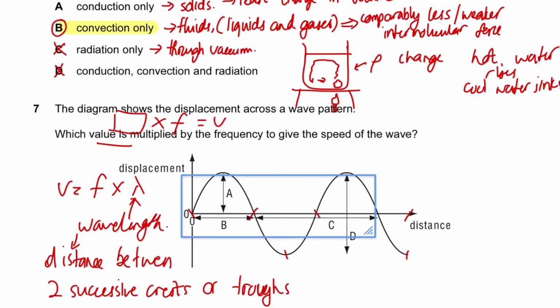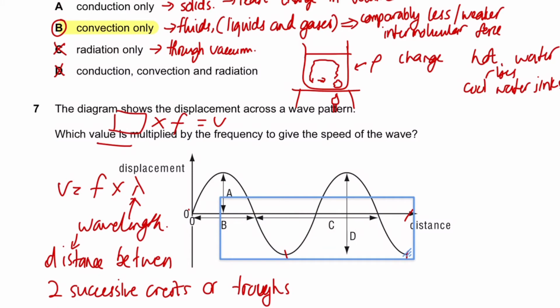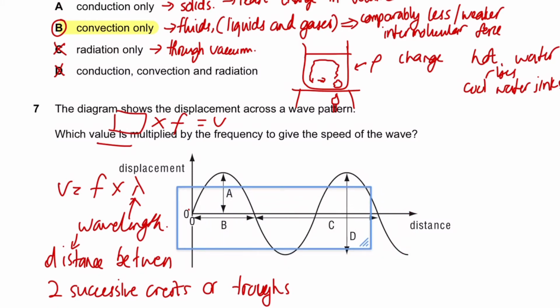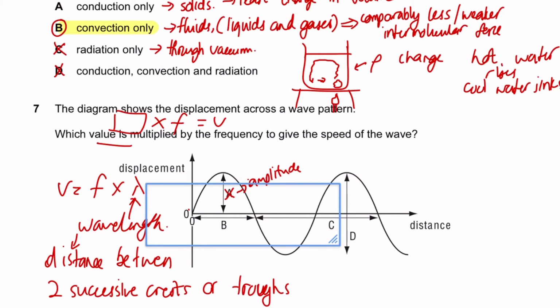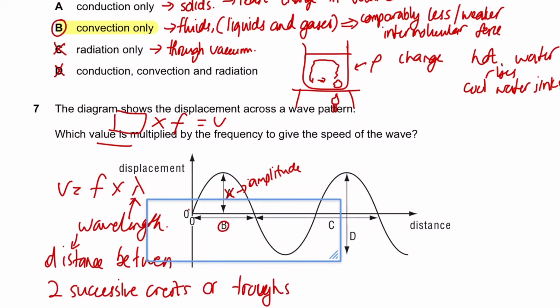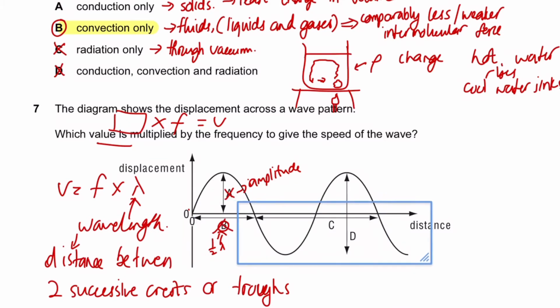Let me erase everything first. Let's go through one by one. A is not wavelength, it is instead amplitude. So A is out. B is half of the wavelength because it did not complete one cycle or one complete wave. So this is out as well.